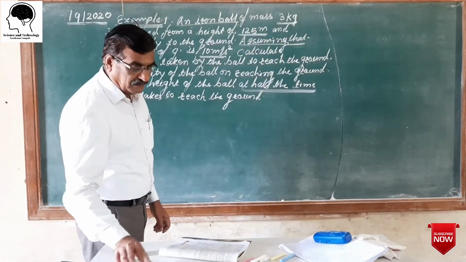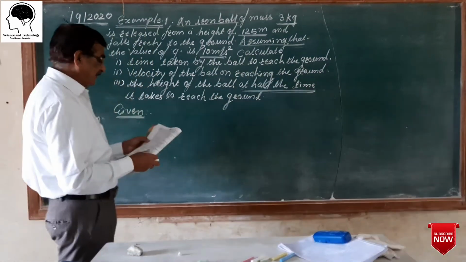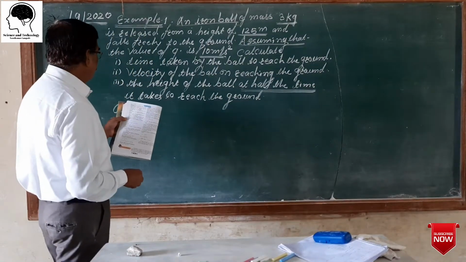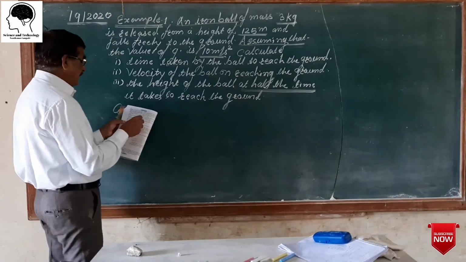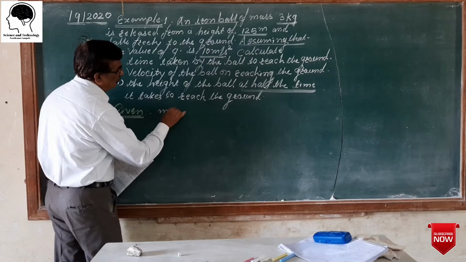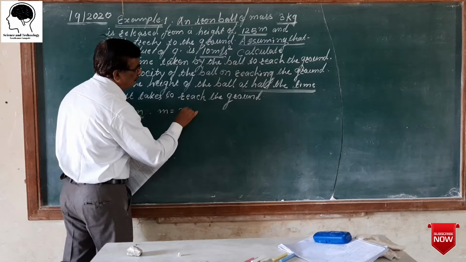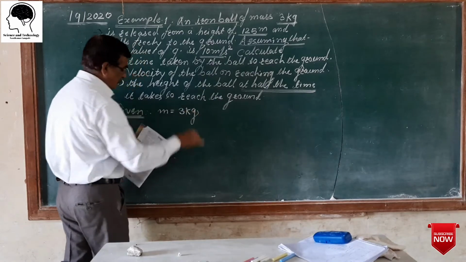In this example, they give some quantities like the mass of the iron ball, and it is 3 kilograms.